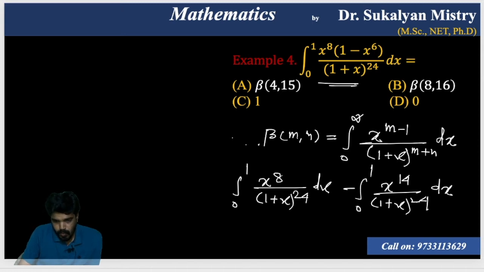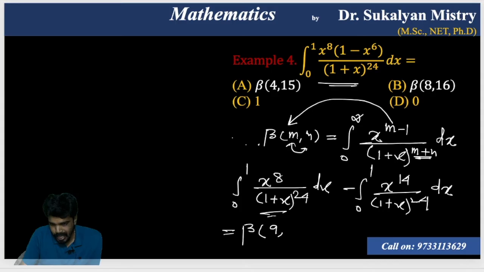So this will be beta 9, and m plus n is 24, so n will be 15, right. That is 9 plus 15 will be 24.